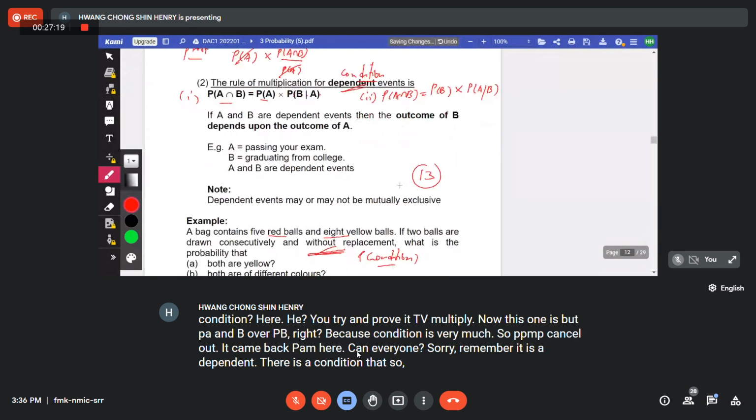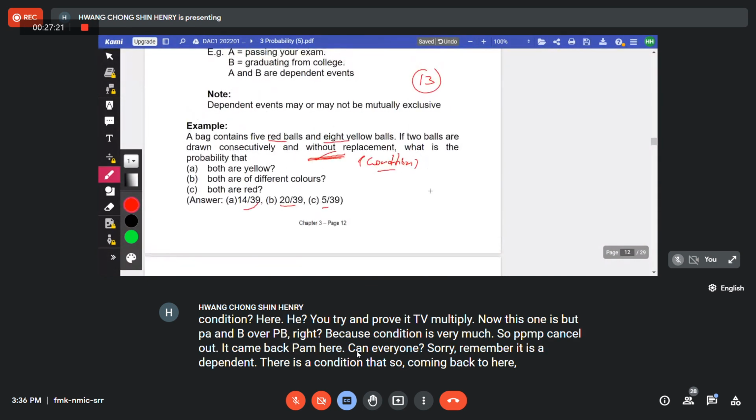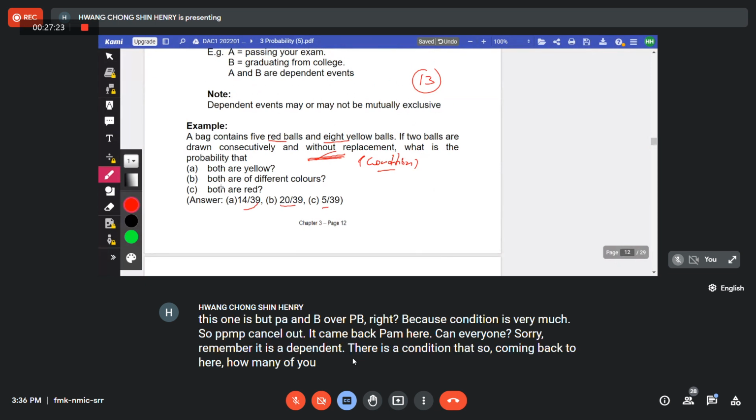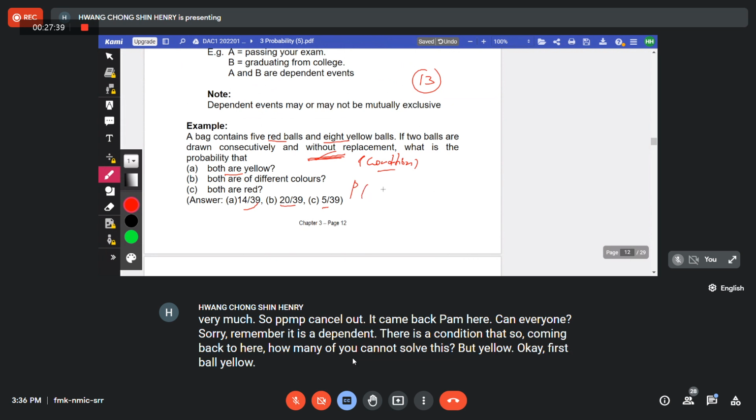So coming back to here, how many of you cannot solve this? Both are yellow. Okay, first ball yellow, I write like this. Both are yellow.